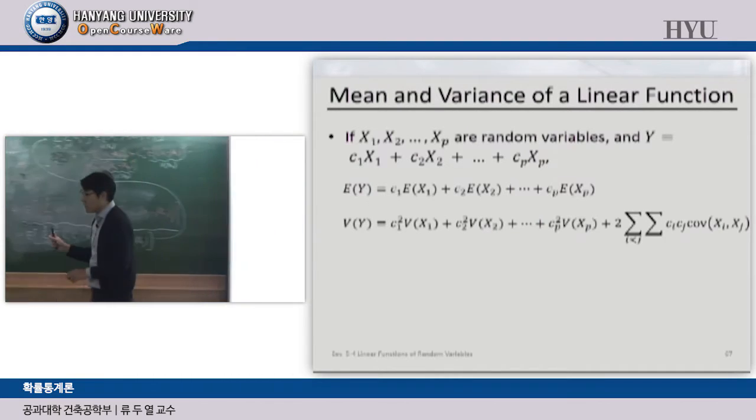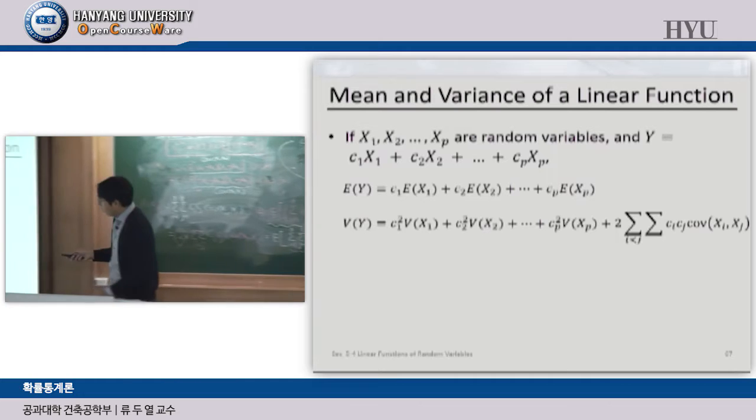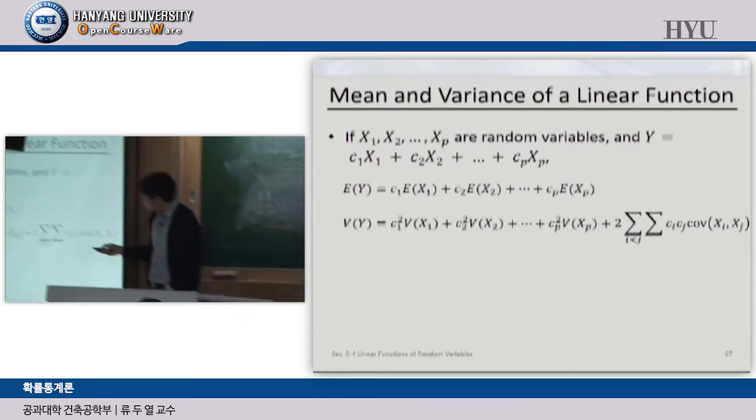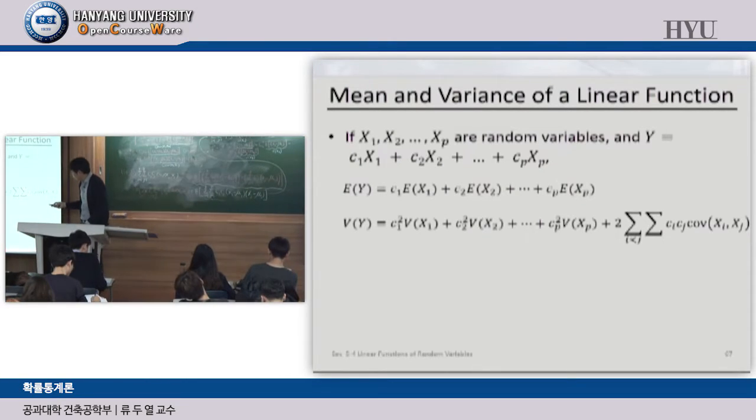So from this derivation, we obtain the variance of Y is equal to c_1 squared by V(X_1) plus c_2 squared by V(X_2), and so on, plus c_p squared by V(X_p) plus 2 times the double summation when i is smaller than j, c_i, c_j, covariance of X_i, X_j. Okay?